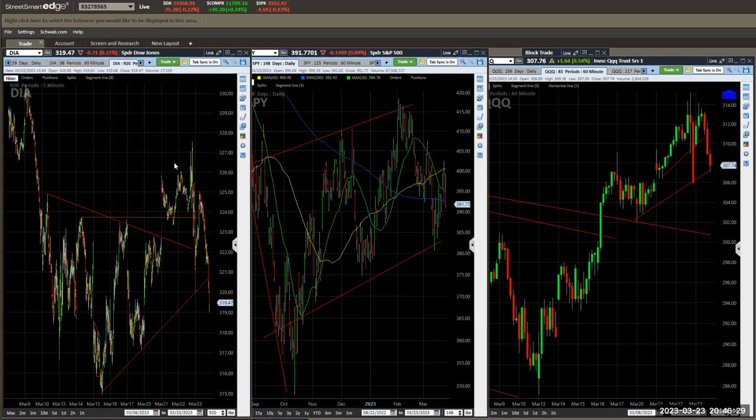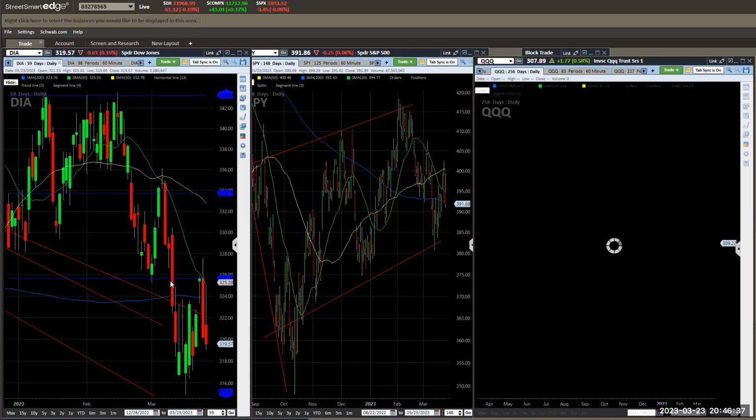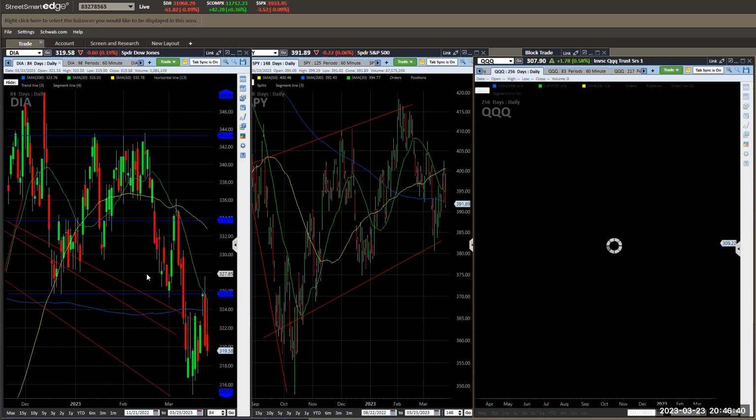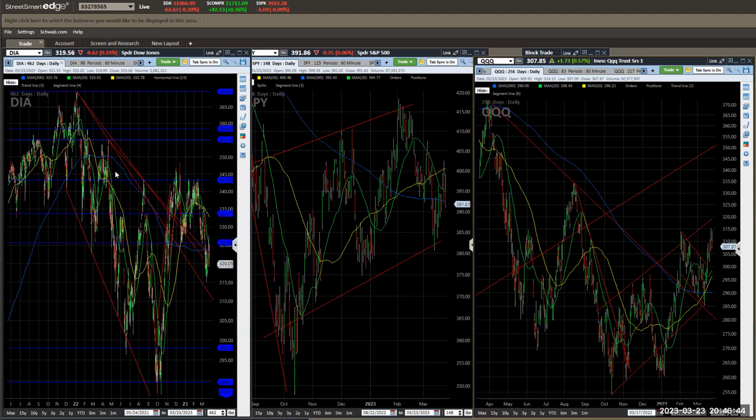And on the diamonds, if you're noticing, this was the bull flag, but it kept giving us lower highs and lower lows, which is a problem for us, right?